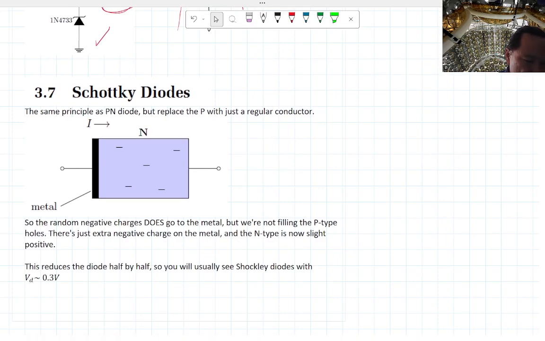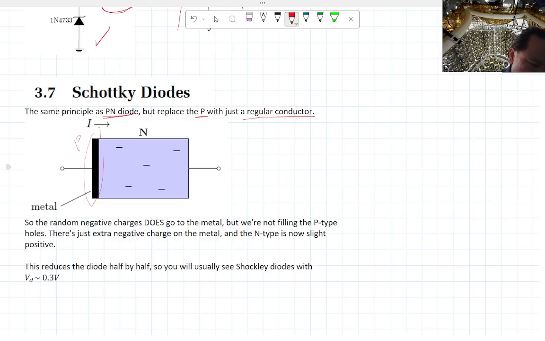This works on the same principle as a PN diode, but what you do is you replace the P part with just a regular conductor. Here's a little diagram. You replace the P side with just a piece of metal. What this does is it has kind of the half effect of a PN junction.